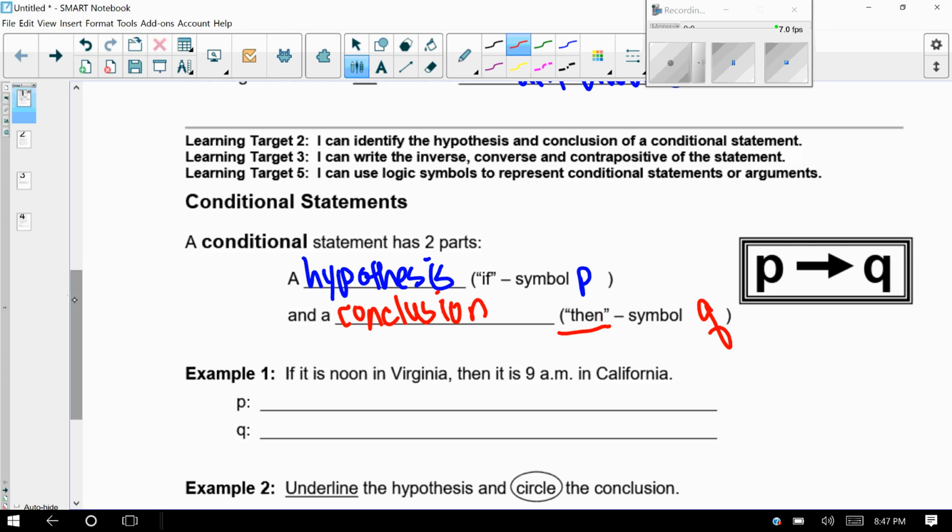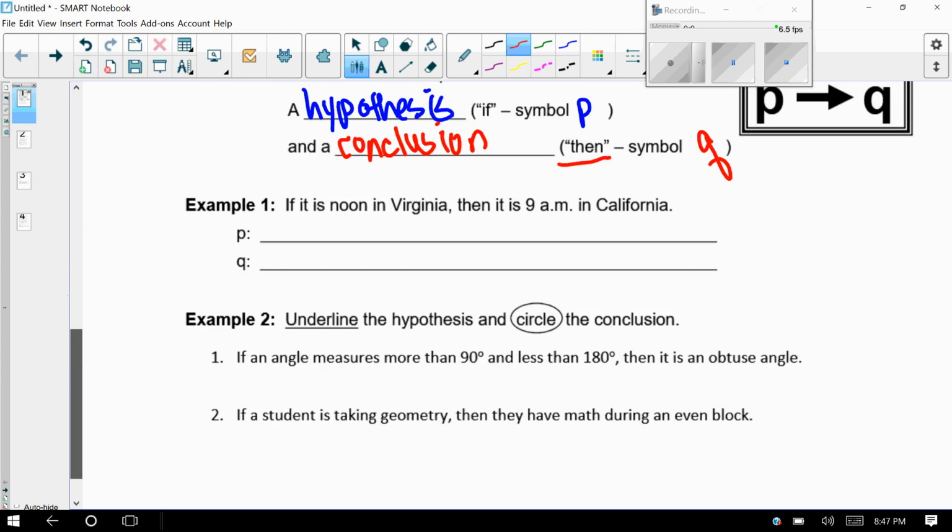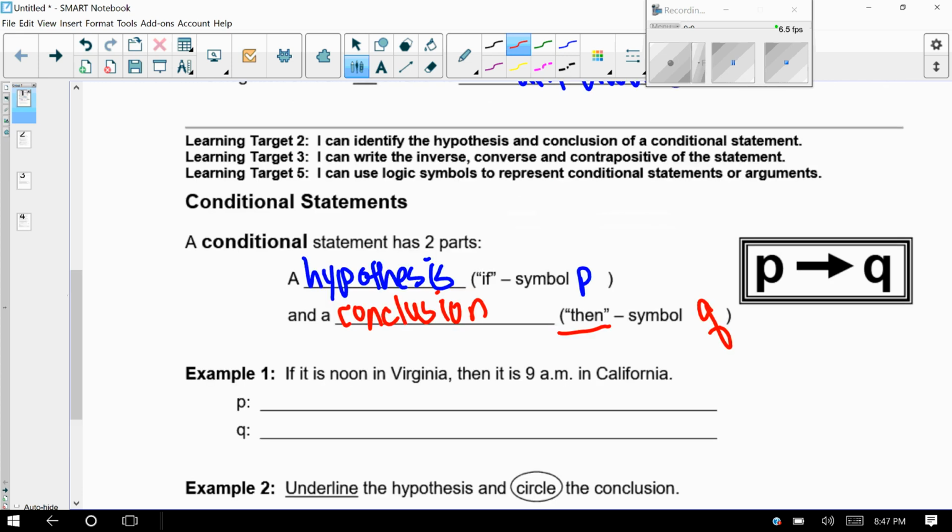Let's give an example with words. So if I said, if it is noon in Virginia, then it is 9 a.m. in California. Down here it says underline the hypothesis and circle the conclusion. So that's what I'm going to do for you right here. You're going to underline the hypothesis. The hypothesis is always after the if. We don't include the if, cross it out. The hypothesis is actually, it is noon in Virginia. So you're going to write that down after the P. The P is your hypothesis.